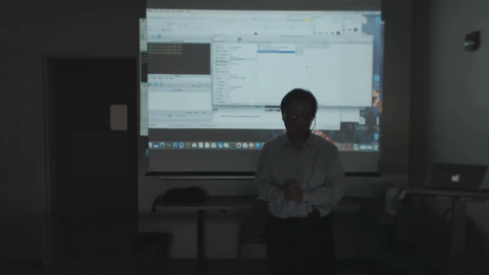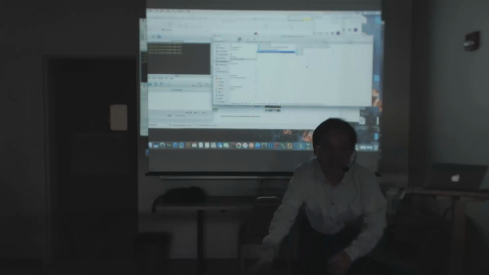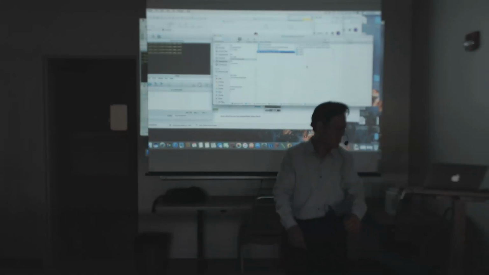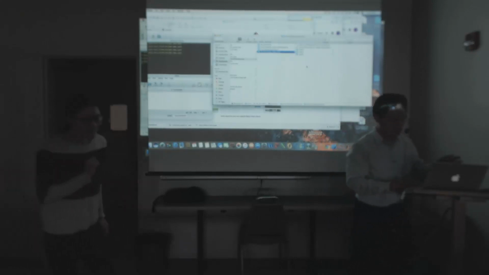So may I have a volunteer who contributes his or her idea about what to put in a Word file? Anyone? Yeah, I can. Thank you, Salim. And don't tell us what you put.